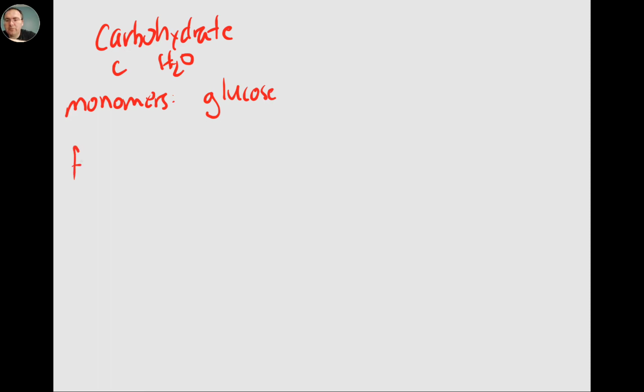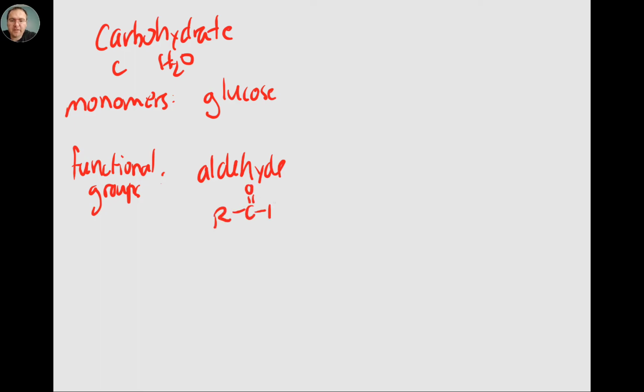When it comes to functional groups, what we're looking for is all sugars have aldehydes and ketones. Aldehyde is R-carbonyl H, has H in the name. And ketones have an R-carbonyl R, so the difference is being at the edge versus the middle for that carbonyl position.